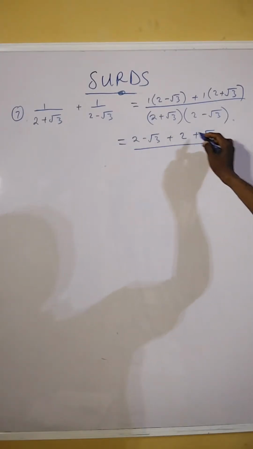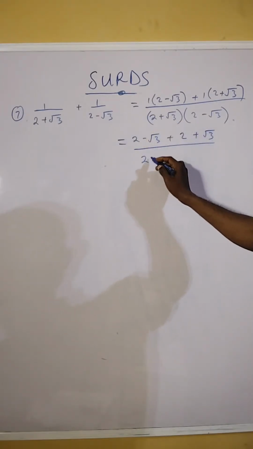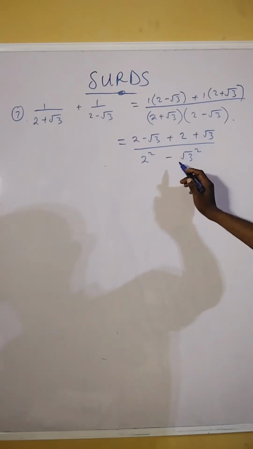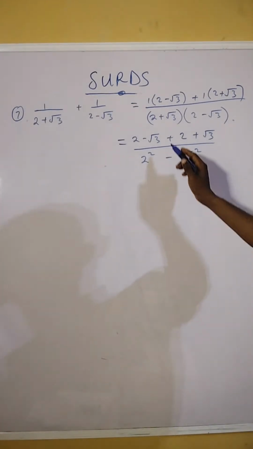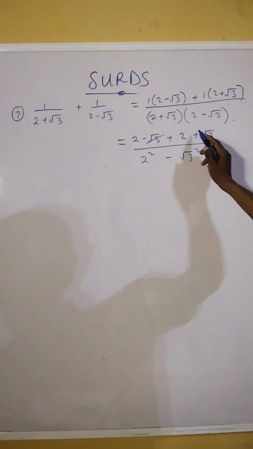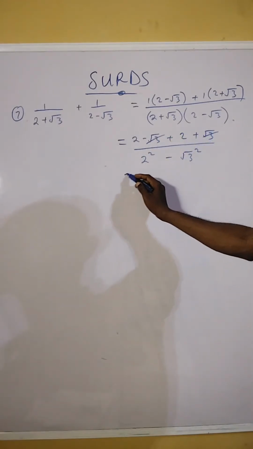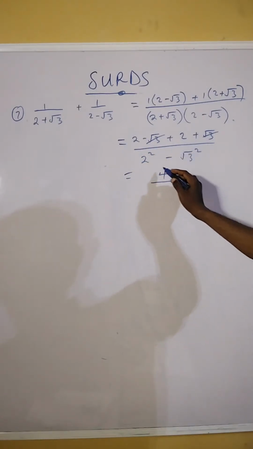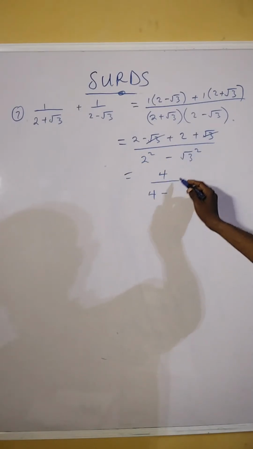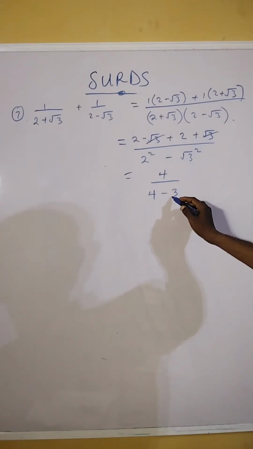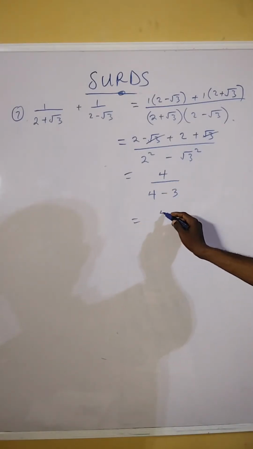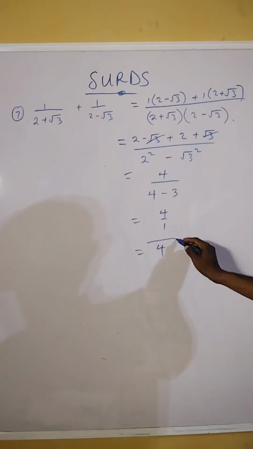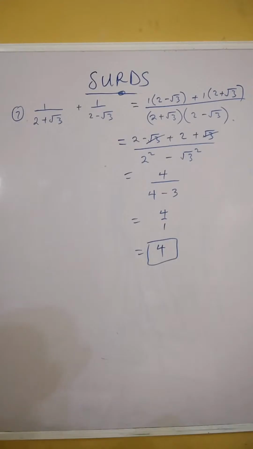And over, these are conjugates, and we have 2 square minus root 3 square. And here up, minus root 3 plus root 3, these cancel each other. And this becomes 2 plus 2, which is 4, over 2 square, 4, minus root 3 square, that's 3. And this is the same thing as 4 over 1, which is equal to 4. So here we have this as the simplified answer.